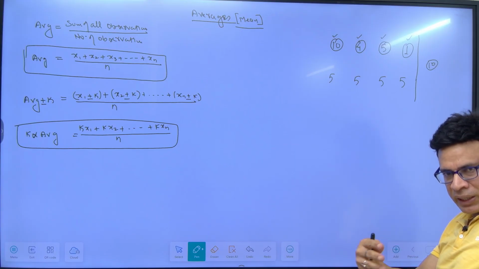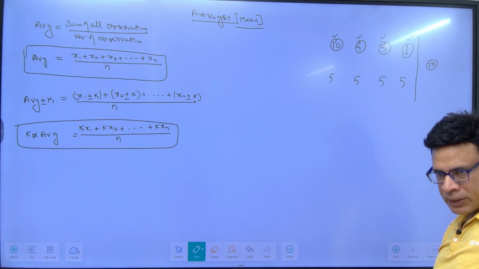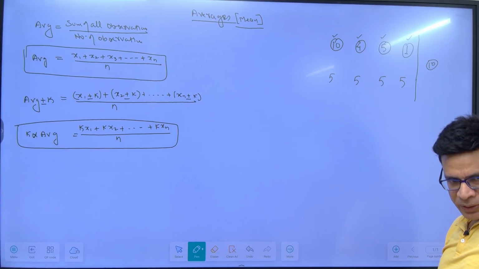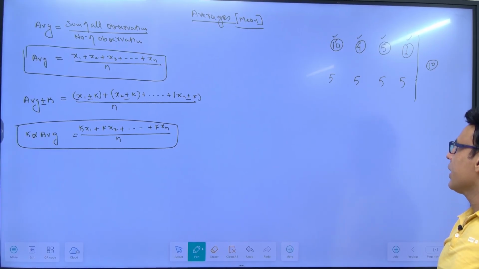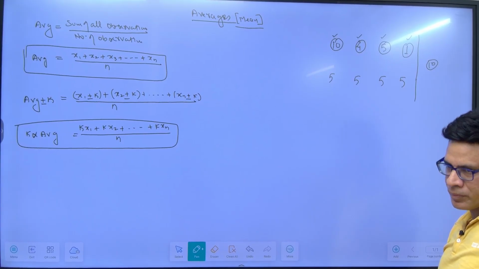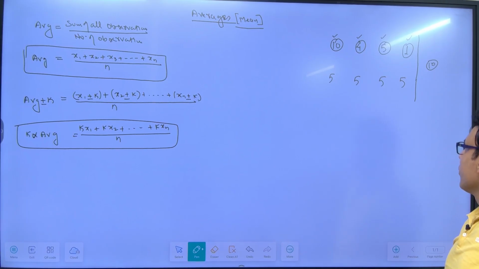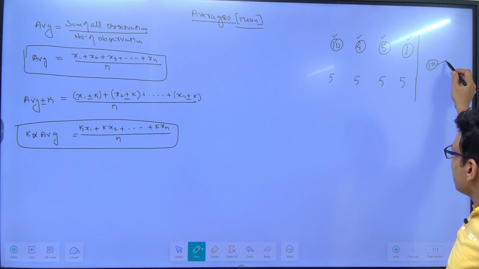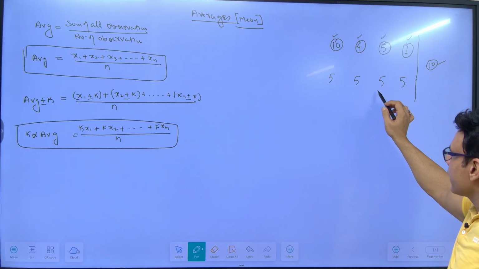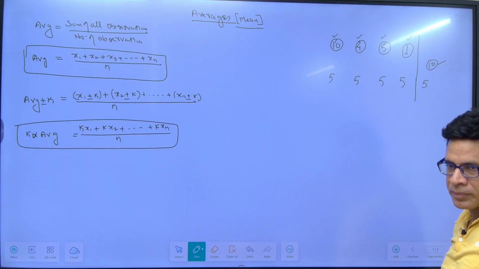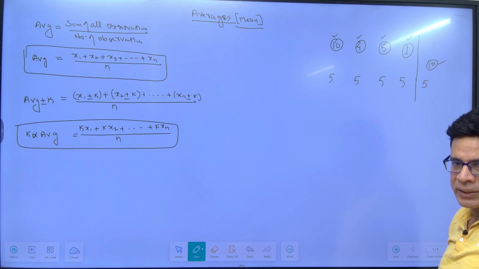So average will increase or not of all the 5 brothers? Will increase because more number of chocolates are coming into this. By what will the average increase? By 1. Why by 1? What will this brother do? He'll find out that initially all brothers have how many chocolates? 5 chocolates. He will also keep 5 with himself first because he is unbiased.